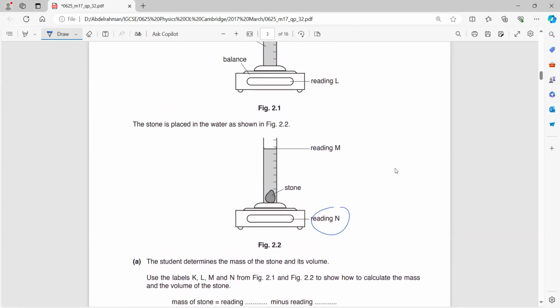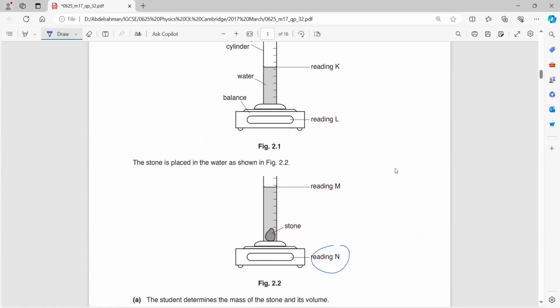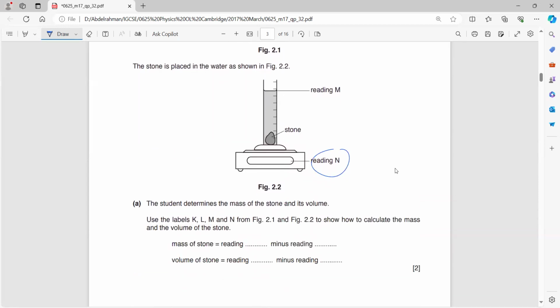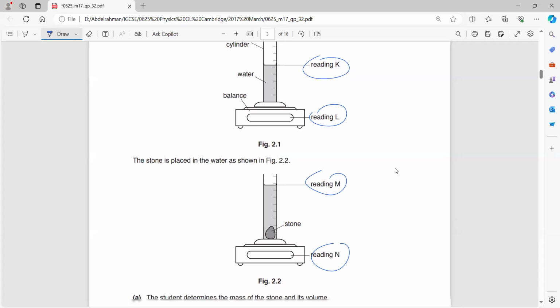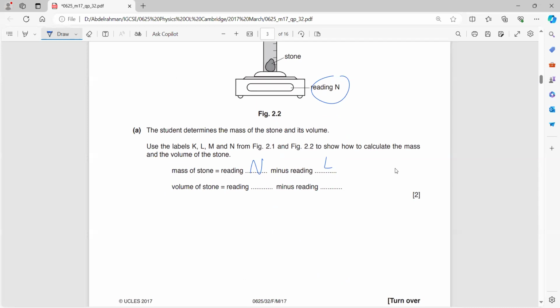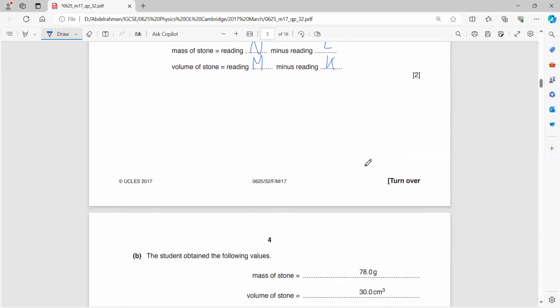The second mass minus the initial mass, N minus L. The volume of the stone would be V2 minus V1, which is M minus K. It's that simple. I guess it's quite easy.